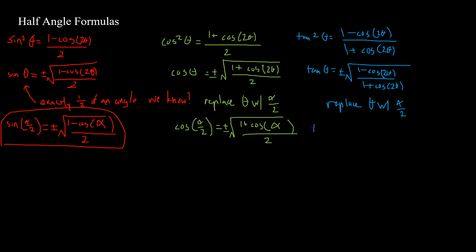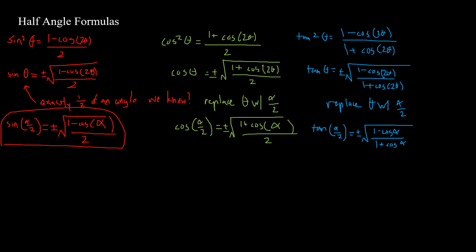So then we're going to get that tangent of alpha over 2 is going to be equal to plus minus square root 1 minus cosine alpha over 1 plus cosine alpha.